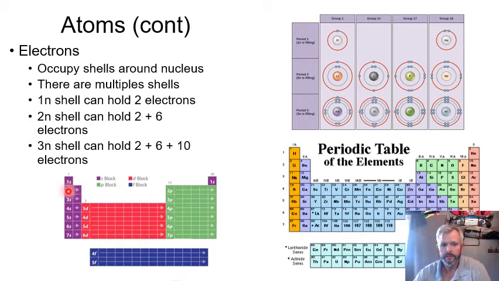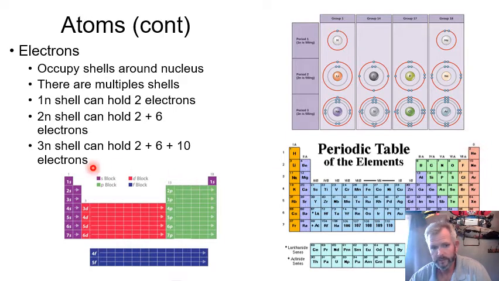So less stable over here. These elements over here are going to be very stable because what do they have? They have their p shell filled. These are elements like helium.